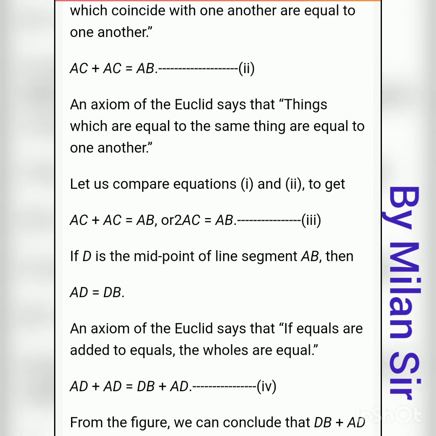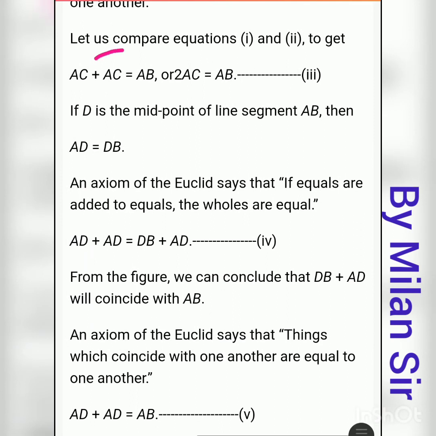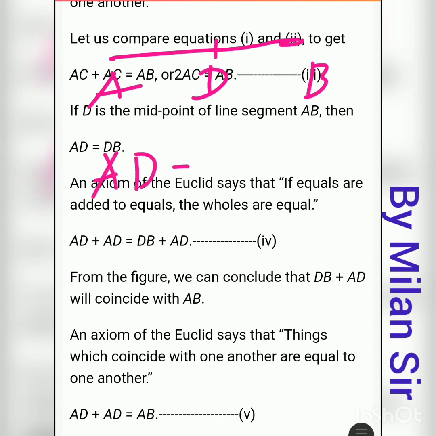Now we need to use the same thing for the midpoint D. Here we have AB, and D is our midpoint. Since D is the midpoint, AD is equal to BD.